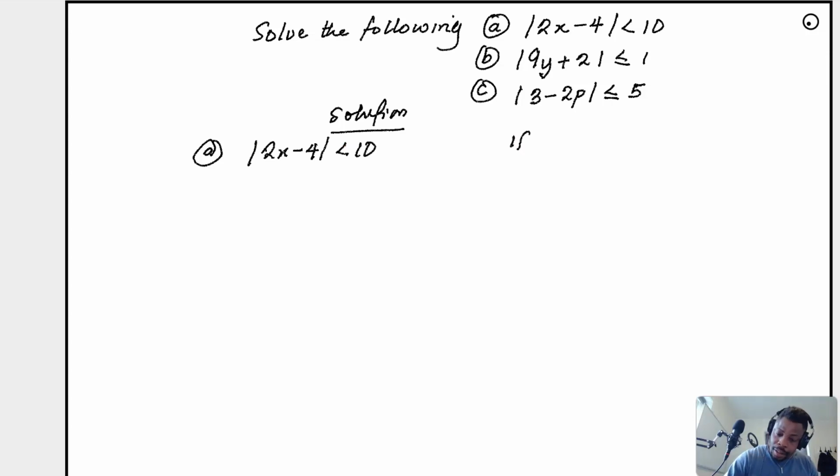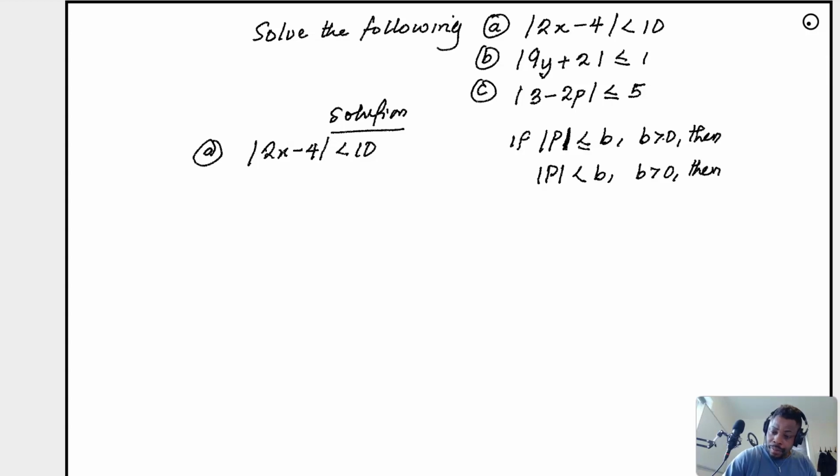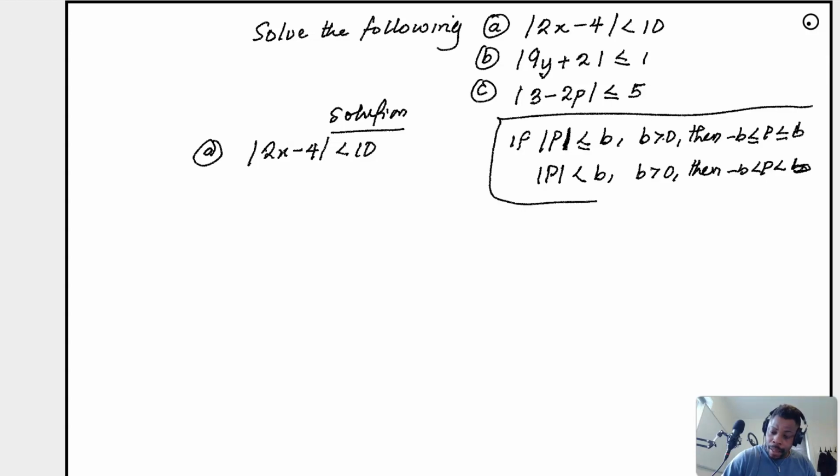Recall that if modulus P is less or equals to, or modulus P is less than B, where B is greater than 0, then we can say minus B less or equals to P less or equals to B. And for this one we can say minus B less than P less than B. This is case 1. Now let's put it here, case 1.